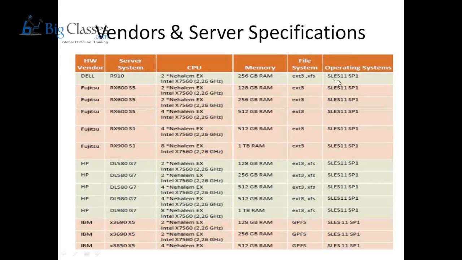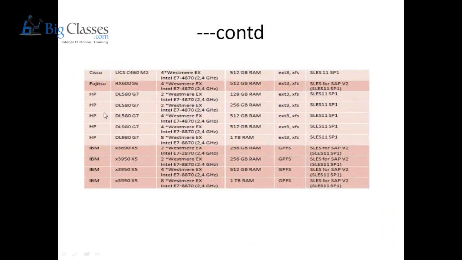That is what we have, SLES 11 SP1, and after that HP, different servers are there, different RAM capacity, and then the next one we have Fujitsu and IBM. So this is next to Nehalem, which is your Westmere processors, right? So these are quite advanced processors which are pretty fast.